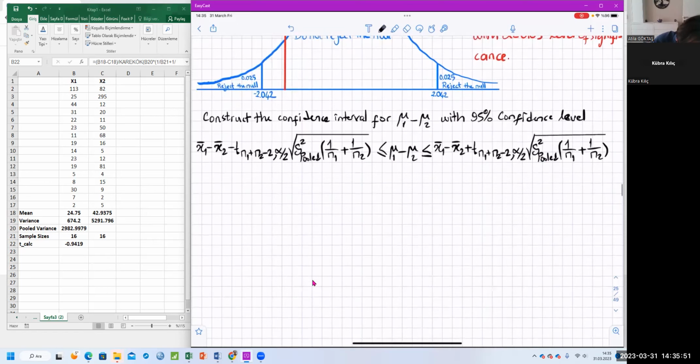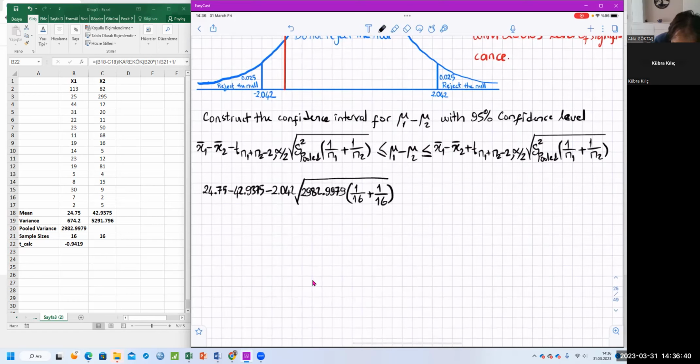The mean is 24.75 minus 42.9375, minus the critical value 2.042, times the square root of the pooled variance, which is 2,982.9979, times the reciprocal of n1, which is 1 divided by 16, plus the reciprocal of n2, also 1 divided by 16.